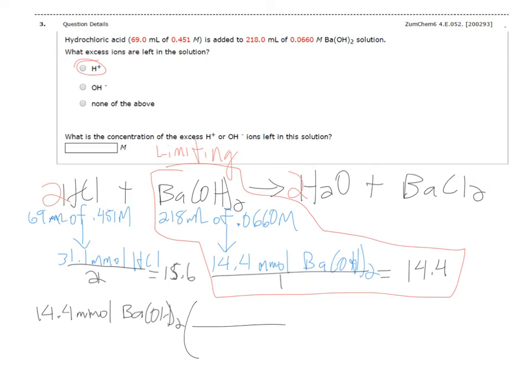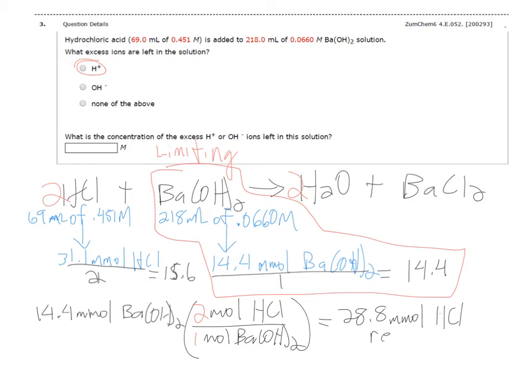And to do that, we'll use coefficients from the balanced equation. There's an implied coefficient of 1 for the barium hydroxide, and there's a listed coefficient of 2 for the hydrochloric acid. Making that calculation, we see that 28.8 millimoles of hydrochloric acid react along with the barium hydroxide.